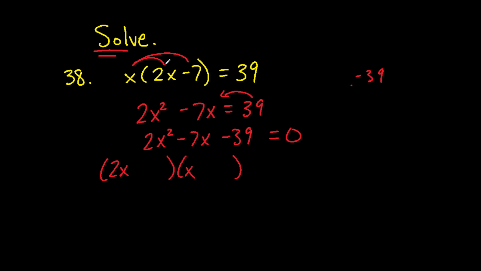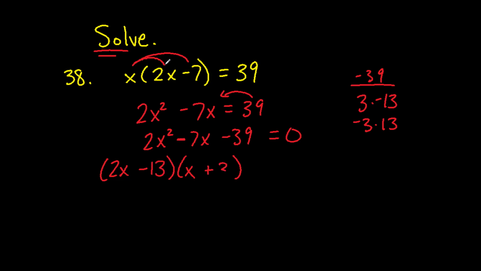I think 1 and 39 are going to be too far apart to add up to negative 7, even when the 1 is being multiplied by the 2. I'm going to focus on 3 and negative 13, or negative 3 and positive 13. And because I want them to add up to negative 7, I'm thinking I want the negative 13 here and the positive 3 here.